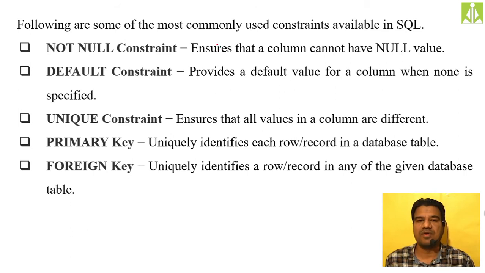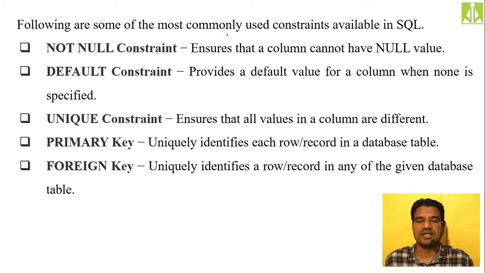Then we have the default constraint. The default constraint provides a default value for a column when none is specified. If you want to give a default value for a particular column, like in salaries, where we are entering the salary details of customers, and you are not giving any salary to a particular customer, then by default you can assign some value over there.